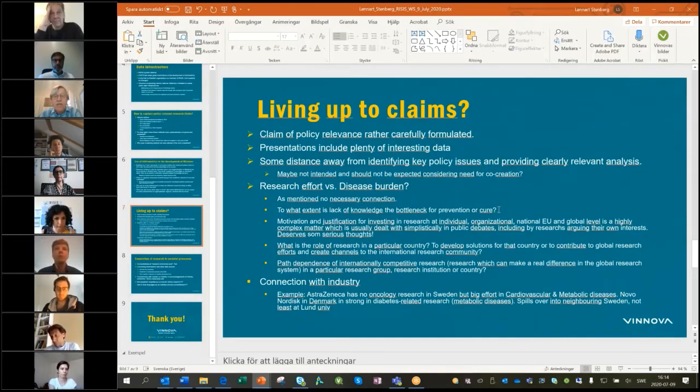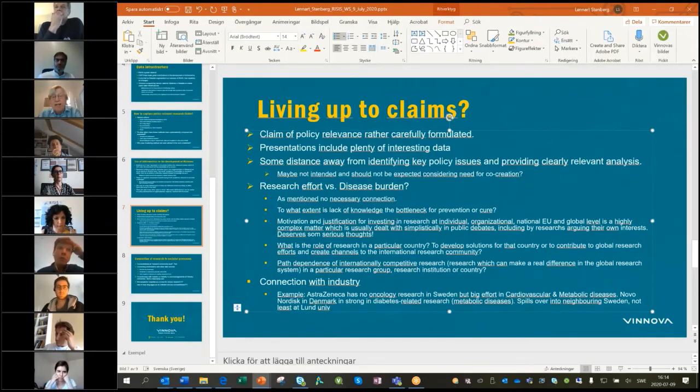And that is not the same for all types of cancer. Generally also, I think one has to look into why governments fund research and why individuals engage in research, on different levels. This is very complex and usually dealt with in a fairly simplistic way. And I think there's a lot of room for more serious thought there.